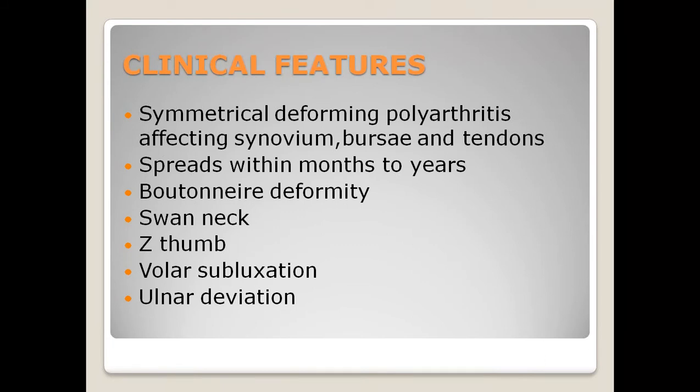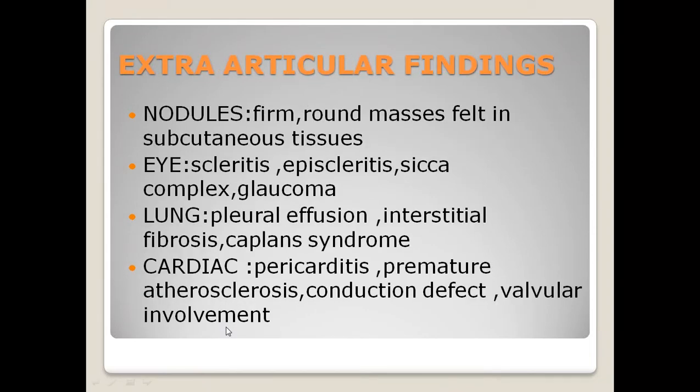Here you can see the swan neck deformity, the Z thumb, the volar subluxation or ulnar deviation. The nodules: these are extra-articular. This is articular, and this is extra-articular, a firm round mass felt in the subcutaneous tissue.